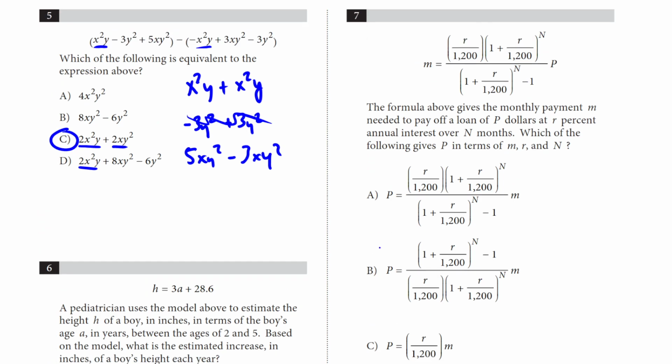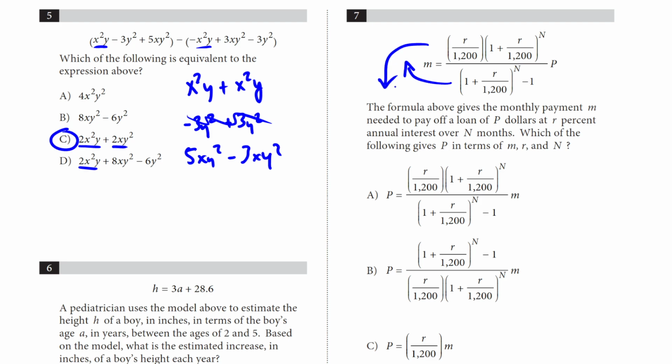The formula above gives the monthly payment M needed to pay off a loan of P dollars at r% annual interest over n months. Which of the following gives P in terms of M, r, and n? So this is just about taking this top equation and doing some cross multiplication. So essentially we're multiplying by this and we're dividing by that.